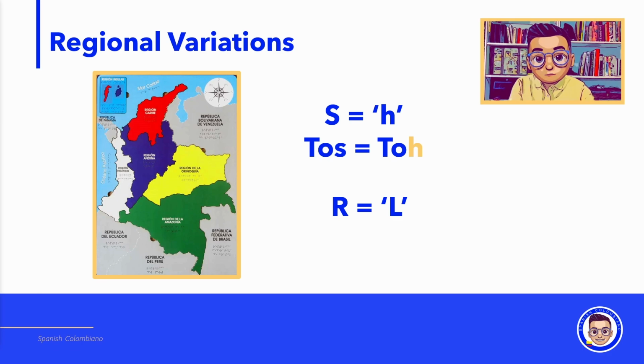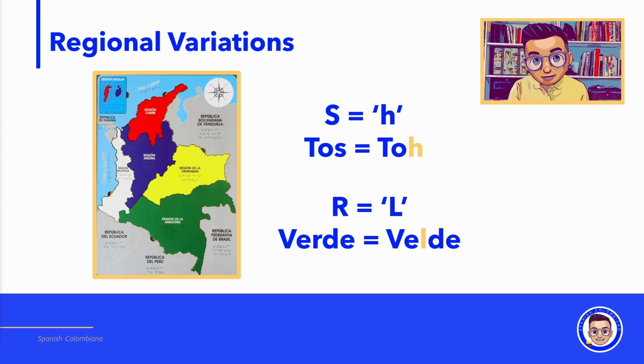For example, with the word verde, which means green, you can hear it pronounced like verde with an L. We grammatically write it verde, but in some regions they pronounce it differently.